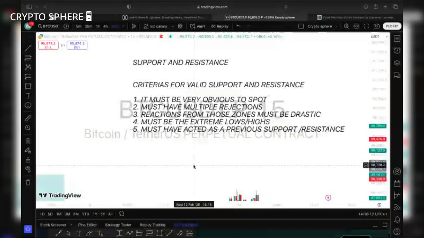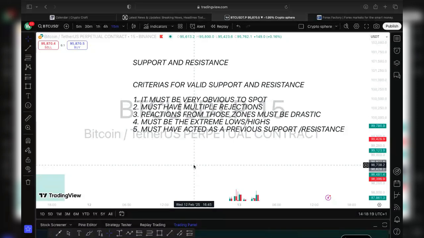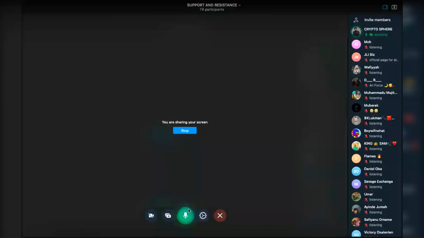And the fifth one is that it must have acted as a previous support or resistance level. When I get to the live chart, you're going to see these things even more clearly, and the explanation will make much more sense to you.